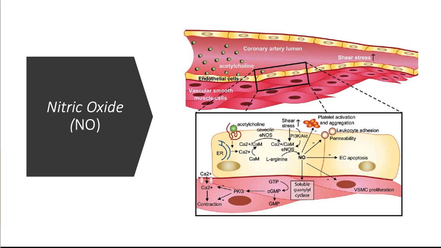Endothelial and neuronal nitric oxide synthases are constitutively expressed at low levels, and the nitric oxide they generate acts to maintain vascular tone and as a neurotransmitter.